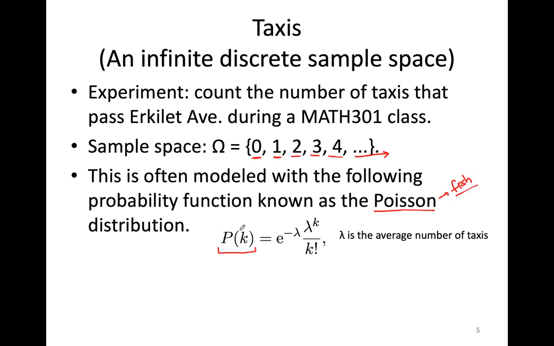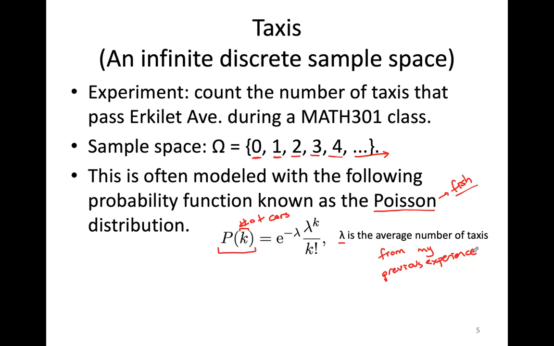This is P_k, the number of taxis passing by during a 1 hour period. This lambda is the average number of taxis, which I know from my previous experience.